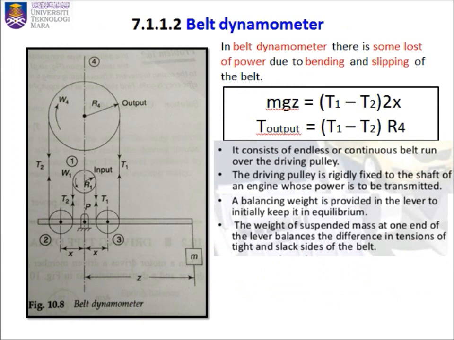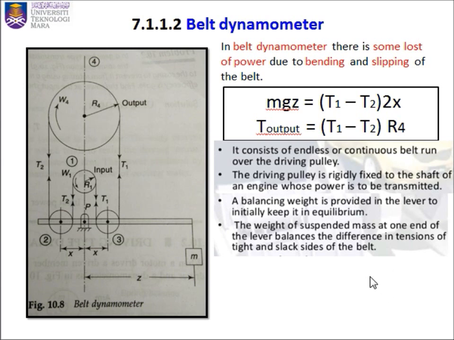So next is the belt dynamometer. In the belt dynamometer there is some loss of power due to bending and slipping of the belt. You all have learned this in dynamics. It consists of an endless or continuous belt running over the driving pulley. The driving pulley is rigidly fixed to the shaft of an engine whose power is to be transmitted.